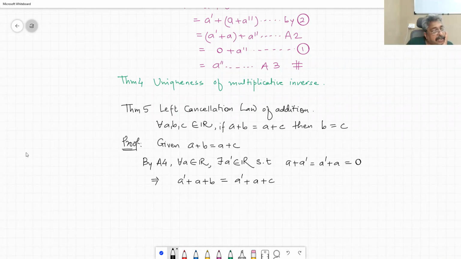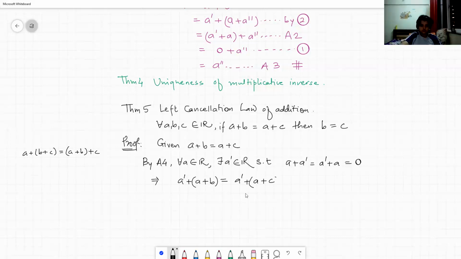A2 is saying A plus B plus C is equal to A plus B plus C. That is not what we are doing here. Yes, so that is the next step. No, this is the first step. Who gives us the permission to add opposite of A to both sides of equality?